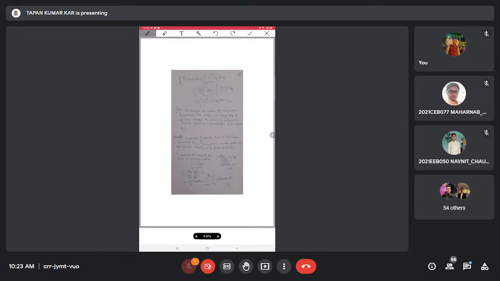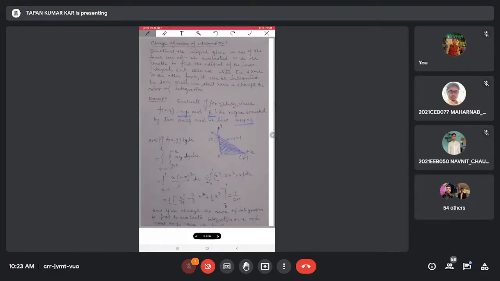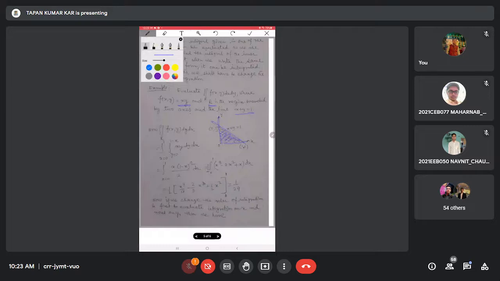Later I will give the change of order of integration and change of variables. This example is just an integral. But in change of order of integration, you must draw the figure for the region of integration, otherwise it will be difficult.